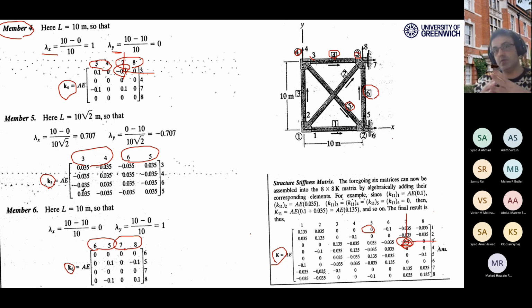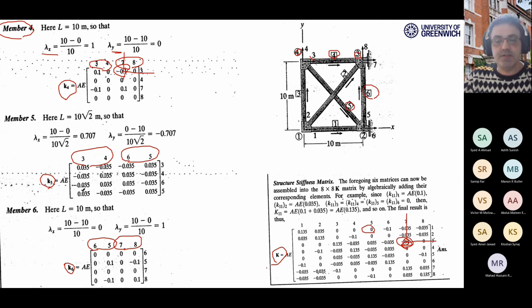Just be sure that all the numbers have a small star beside them, and use these kinds of tricks to be sure that all the numbers have gone through the different cells in the bigger matrix. So after this, we have the 8 by 8 bigger matrix for the whole structure.